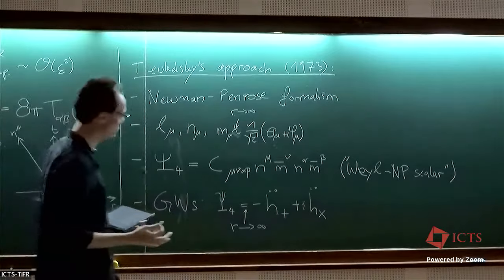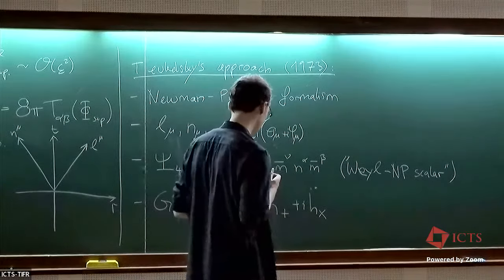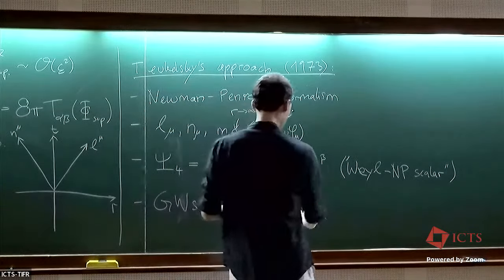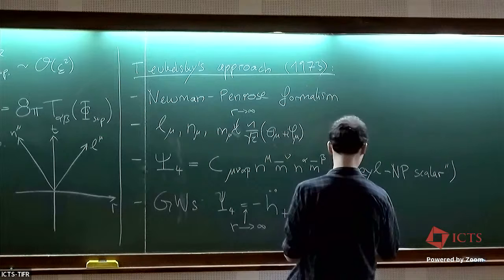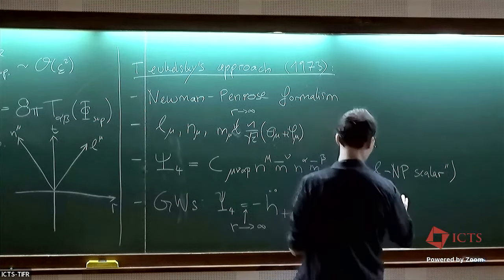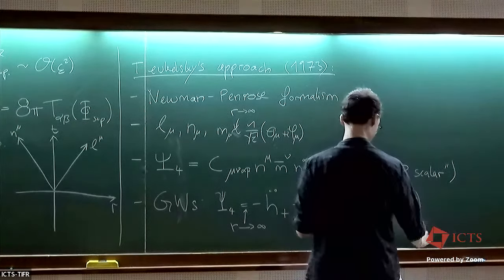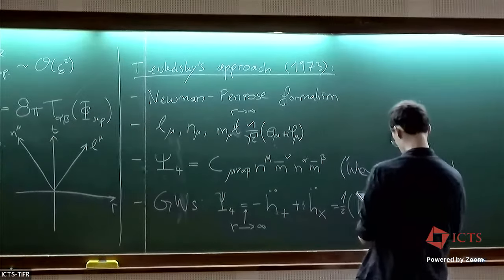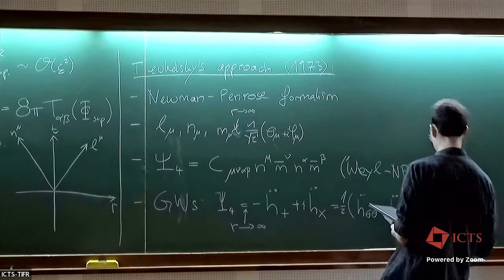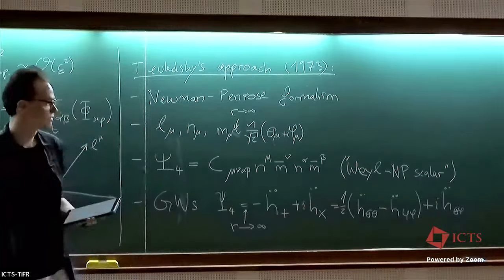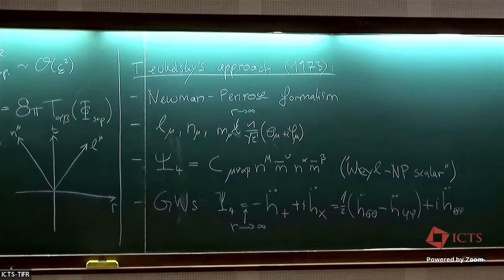And one roughly simple way to see this from this expression is the following. In spherical coordinates, you can write these polarizations in the following way. Okay, so this is basically just writing the polarization states in spherical coordinates at large distances.